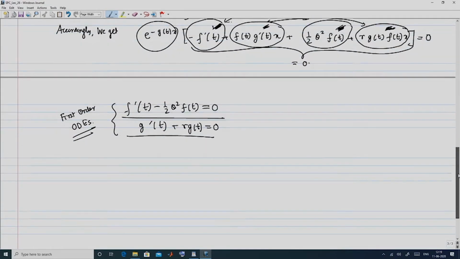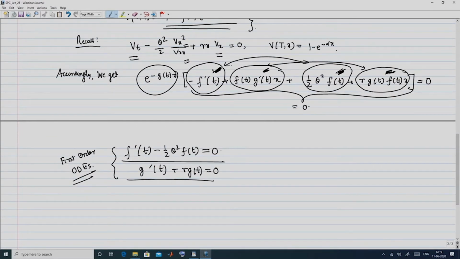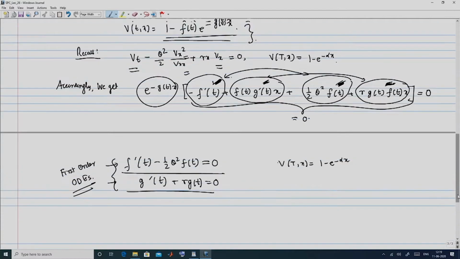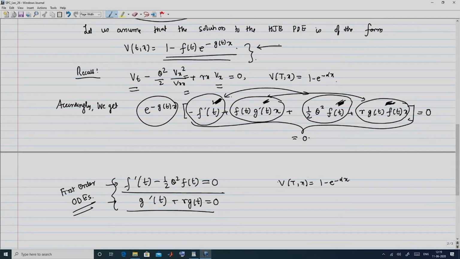Now, in order to solve these first order ODEs we need some condition. That can be obtained from the fact that v of T x is equal to 1 minus e raised to minus alpha x, and we had assumed our v little t of x is 1 minus f of t into e raised to minus g t of x. So this gives us v capital T x is 1 minus f of capital T e raised to minus g of capital T into x.